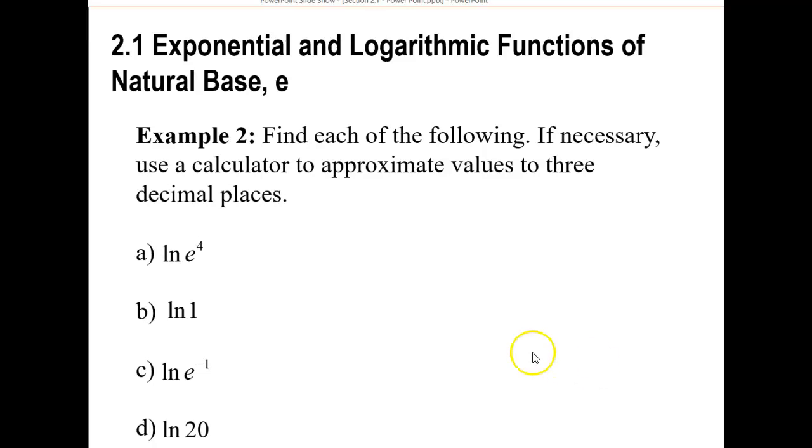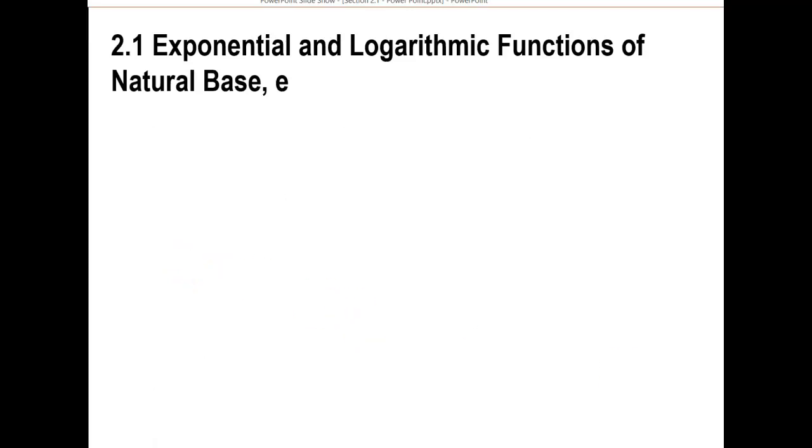Natural log of e to the 4th. You could use your calculator and type your natural log key, then pull up e, put in a power 4, and have your calculator do that. Or if you remember the log properties we talked about in chapter R, or you may have learned in a previous algebra course, this function is defined to be a base e logarithm. So since the base is e and this base is e, the answer should just be 4. That's one of our properties.